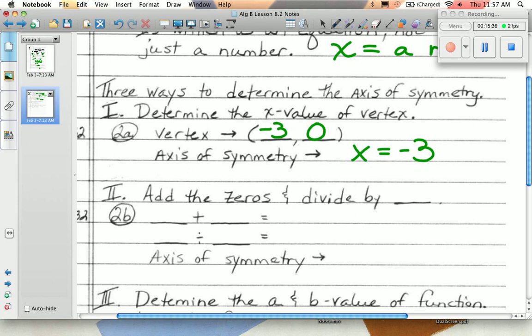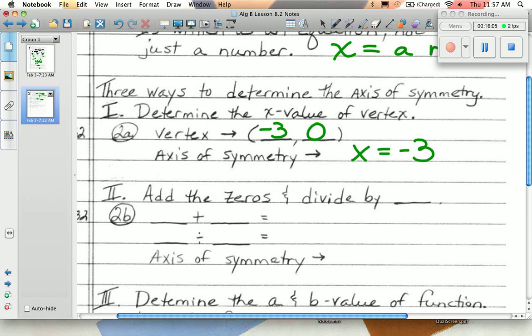Okay, now we're going to look at another way to find it. In other words, if you look at 2b, can you tell what the vertex is for sure? No, that one's kind of sketchy. It looks like it might be ordered pair 1, 4.5. It might be, but we don't know for sure. So instead of us trying to guess what the vertex actually is in that case, because it's not really sure, here's what we can do instead.